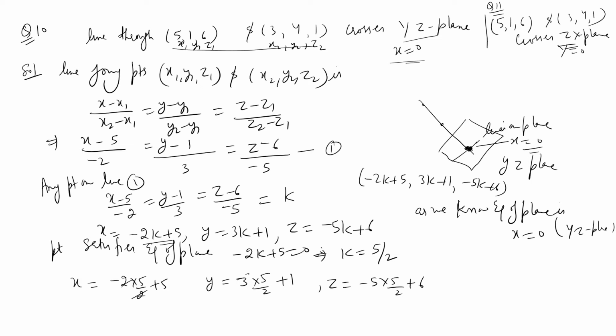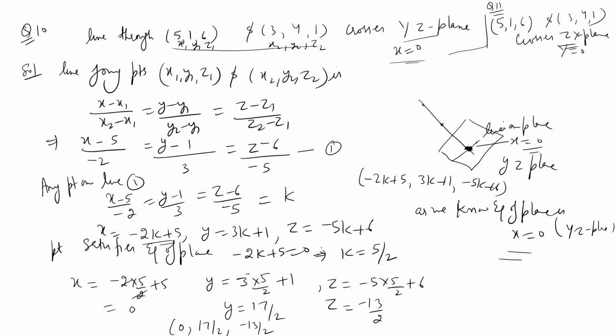So x is minus 5 plus 5, that is 0. Clearly you can see that we are getting x as 0. Then y is 15 by 2 plus 1, which is 17 by 2, and z is minus 25 by 2 plus 12, so it is minus 13 by 2. So the point which I will get is 0, 17 by 2 and minus 13 by 2.